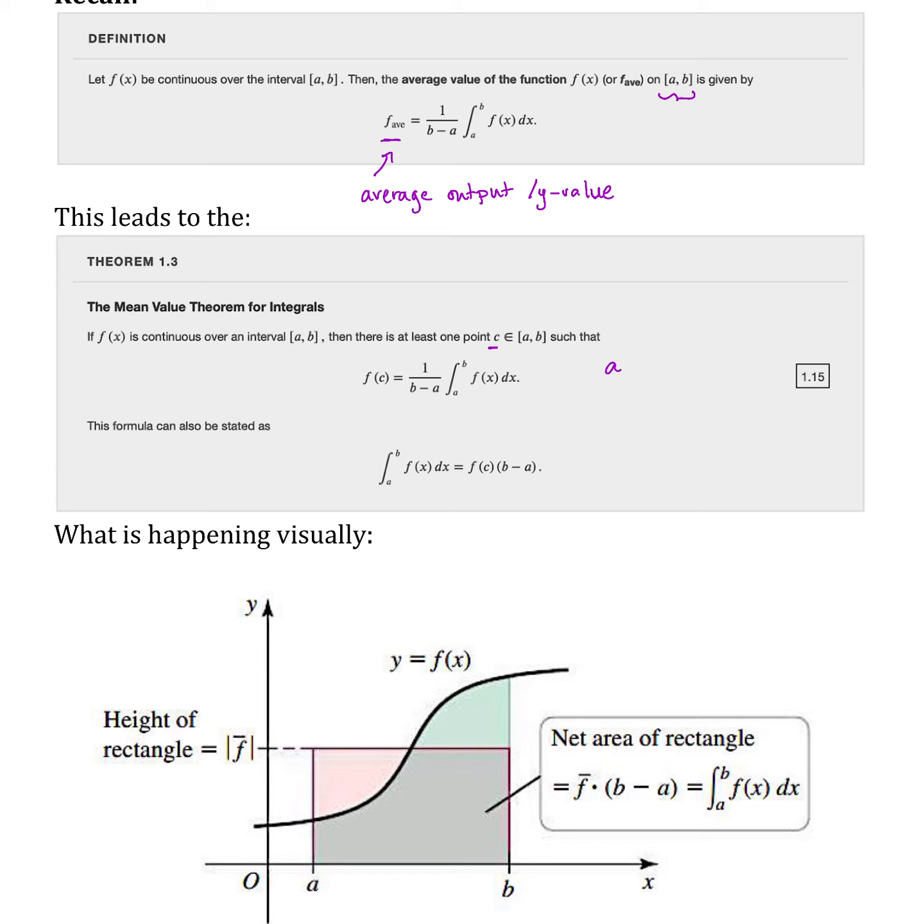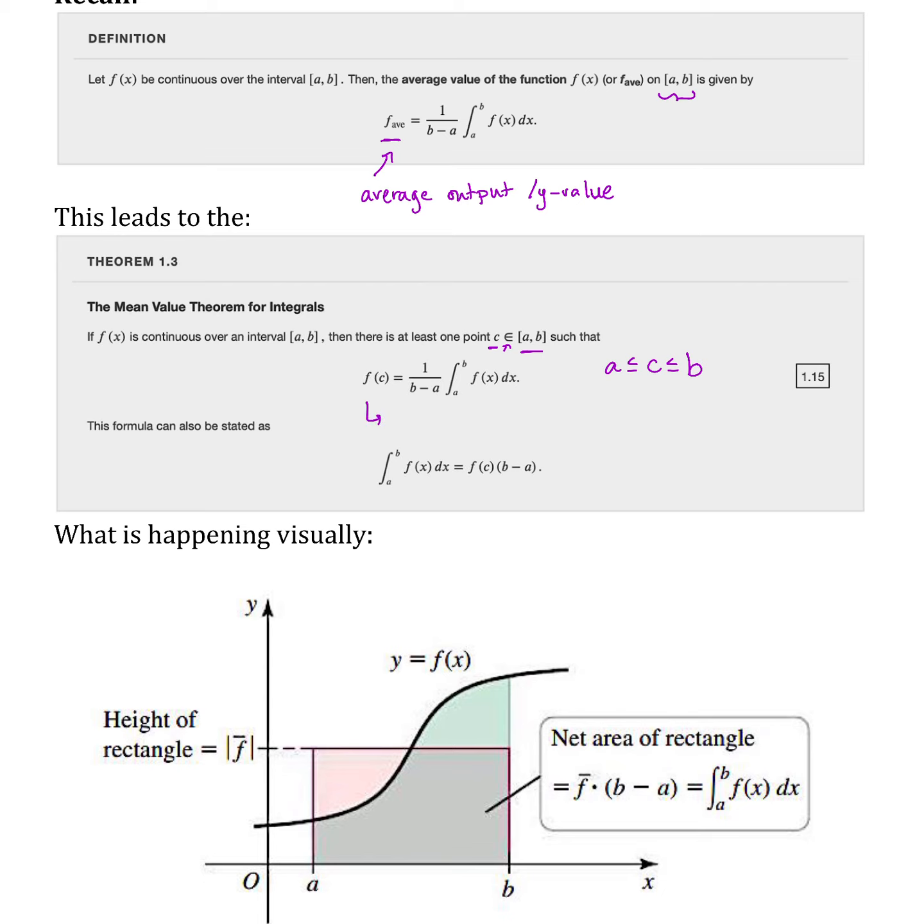So this leads right into the mean value theorem for integrals, which says that there's some point c in between a and b. So c could be a or b because those are included. This little e-looking symbol means that c is an element of that interval, meaning that c is some point in between a and b. And so there's some point, at least one, and there may be two, in between a and b where we can plug that x value into our function and get our actual average value.